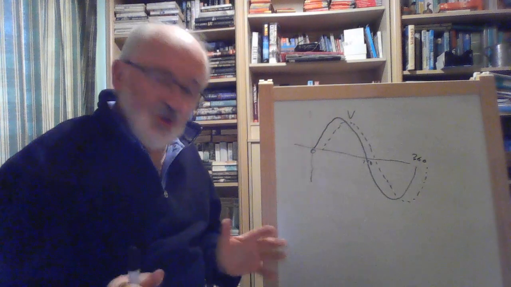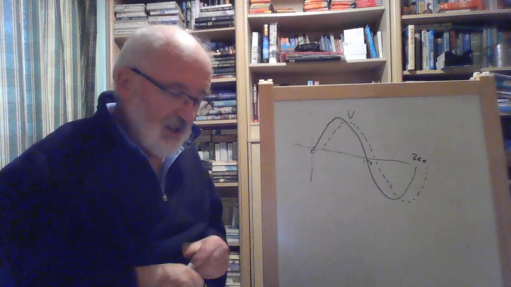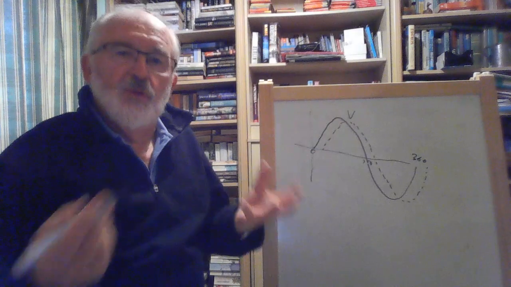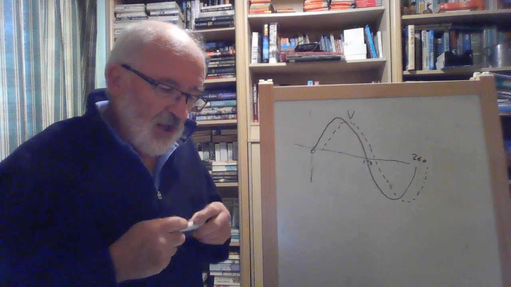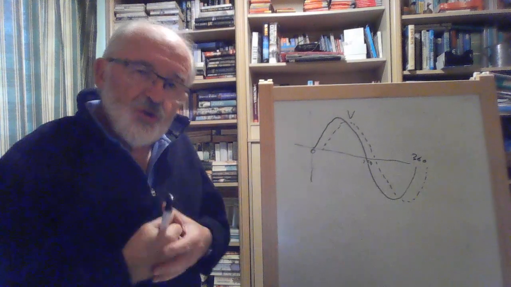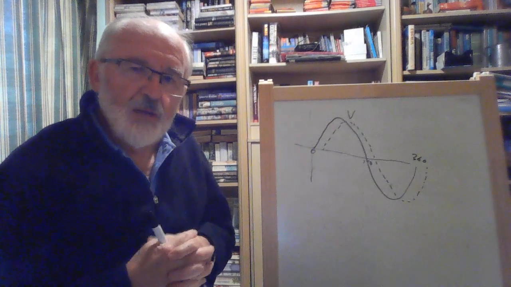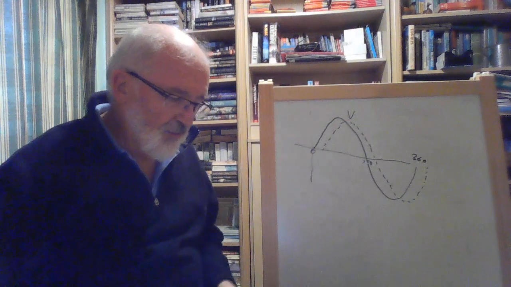So this leads to a general characteristic of AC systems where predominantly the pattern is that the current generally lags behind because of the high inductive loads that we get within AC circuits. It lags the voltage.